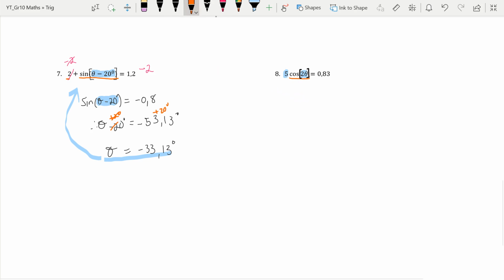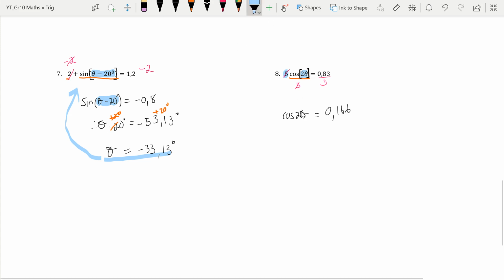So let's go divide by 5 on this side, then that happens as long as we do the same thing on the other side. So then we are left with cos 2 theta equals 0.83, and I'm dividing that by 5. That gives me 0.166. Let's put this into our calculator.